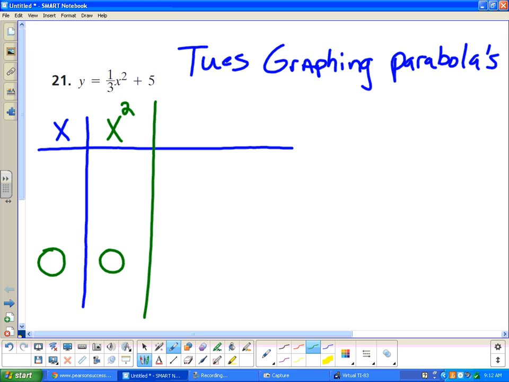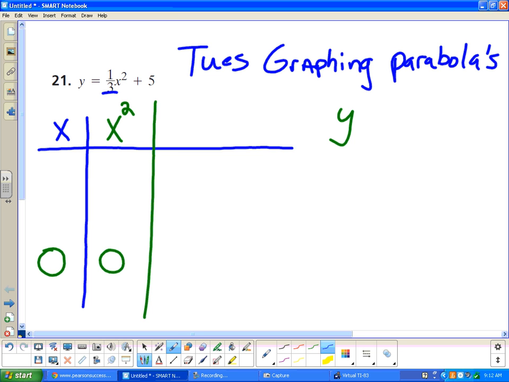Now we need to choose values for X to produce a Y value. And Y is going to be way down here. If there is a fraction out front, we need to use multiples of 3 in order to get things to be nice and neat.